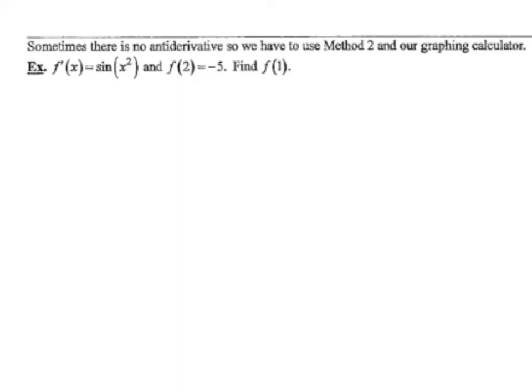All right, so we have that f prime of x is sine of x squared, and f of 2 equals negative 5, and so we want to find f of 1. Okay, so we're going to start off with the fundamental theorem of calculus, which is the integral from a to b of f prime of x dx equals f of b minus f of a.